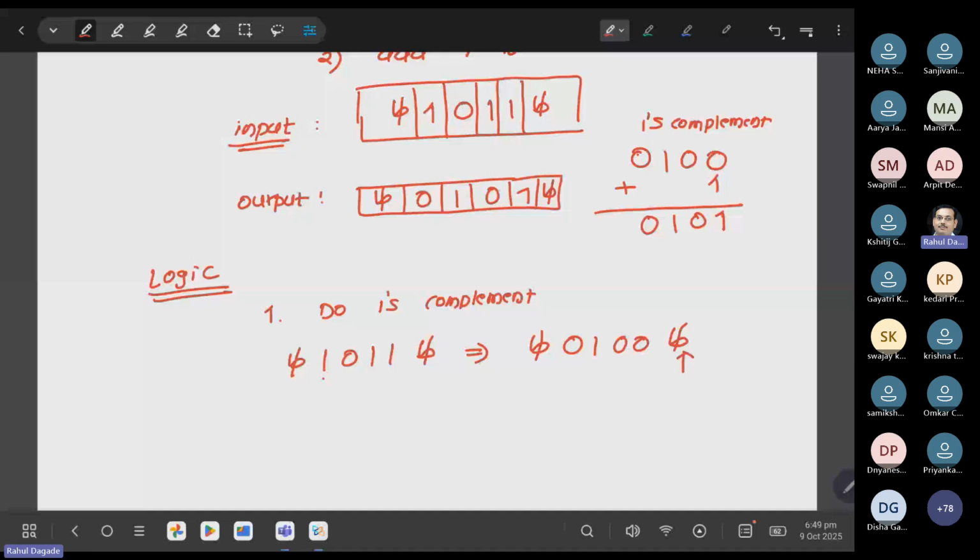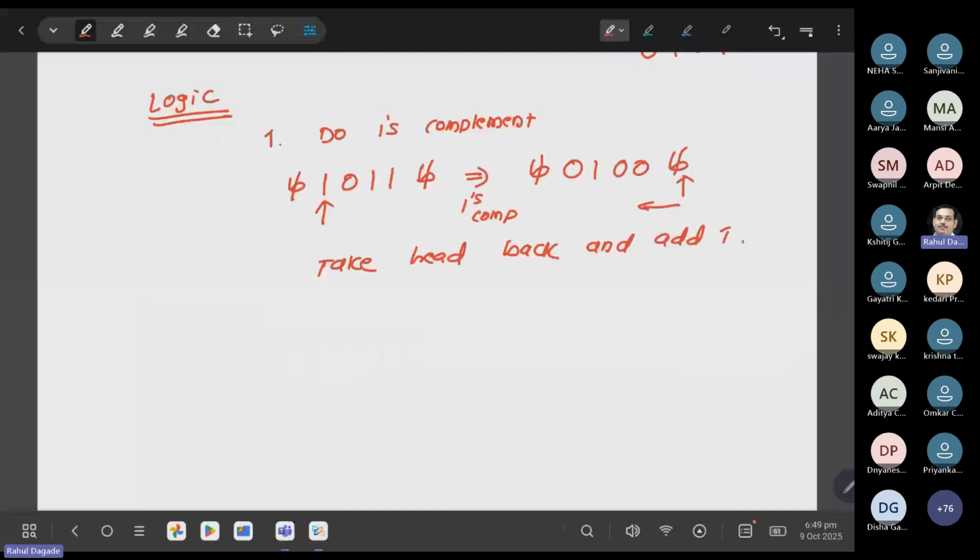So we have to write the logic to add 1. So what is the logic? Let us take 0 1 1 1 and here 0, and if we add 1 to it, what will our output be? 1 plus 1 is 0, carry 1; 1 plus 1 is 0, carry 1; 1 plus 1 is 0, carry 1; 1, and then 0.